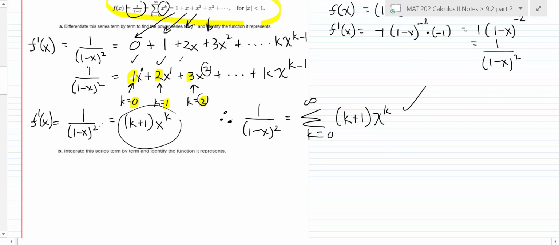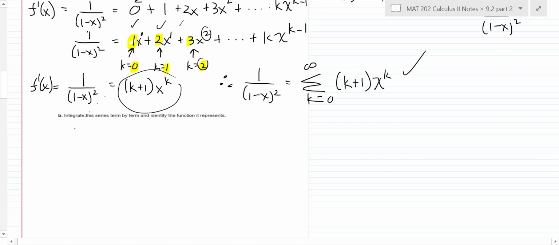Now I'm going to do the integral, and then probably just one other illustration out of the book to give you a feel for this. We're going to integrate now.